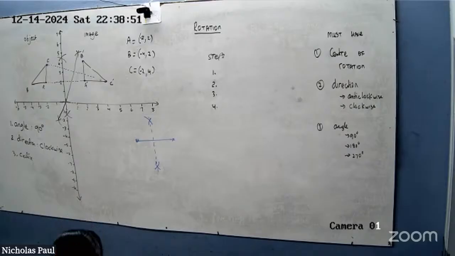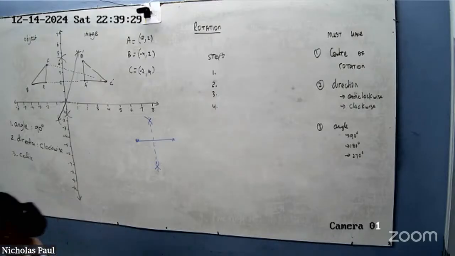Draw a line. Fine, right? Connect up. Again, this line and this line, that's 0, 0. It's clear.